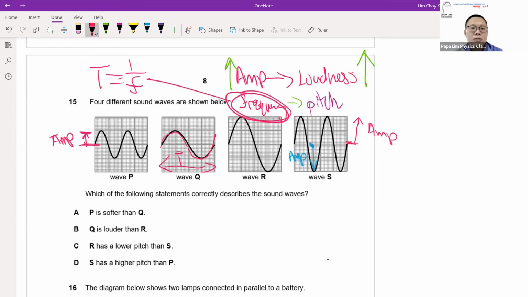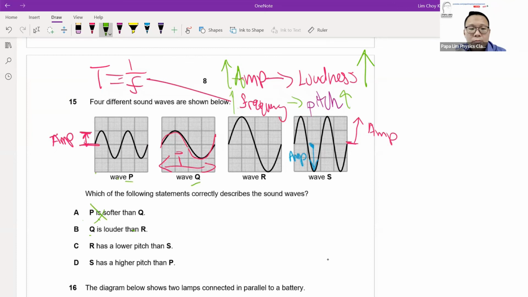So when I want to describe waveform, usually I look at two things, your amplitude and your frequency. Indirectly, what we are looking at is this. If I look at P and Q, they are definitely the same loudness because P and Q have the same amplitude. So PQ is softer than RS. So PQ, they should be the same.